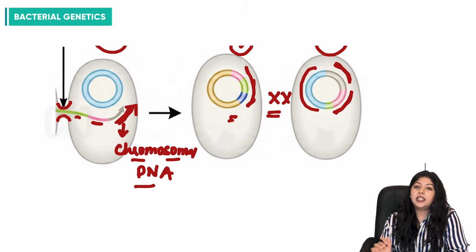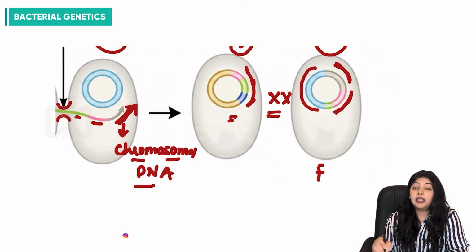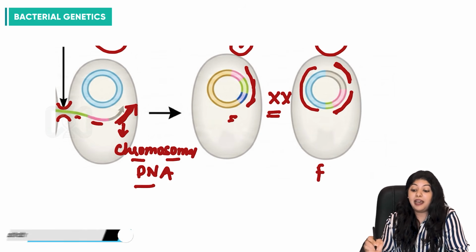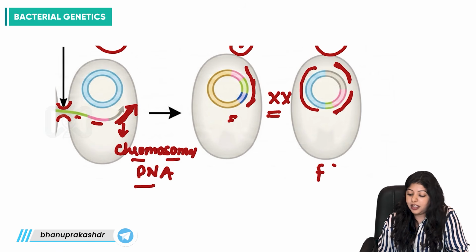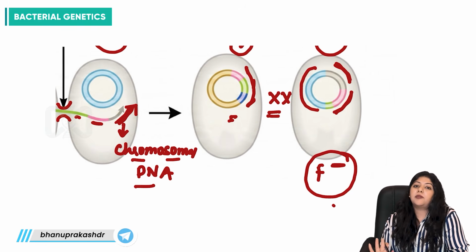So now, since we said that some part of the plasmid and some chromosome has been transferred, not the whole part, instead of becoming F positive, the bacteria number 2 remains F negative, since not the whole part of the genetic material has been transferred.